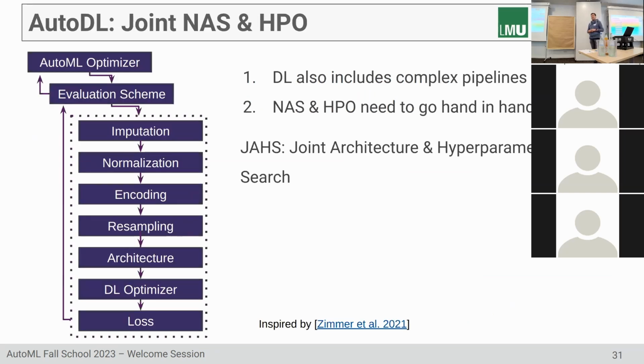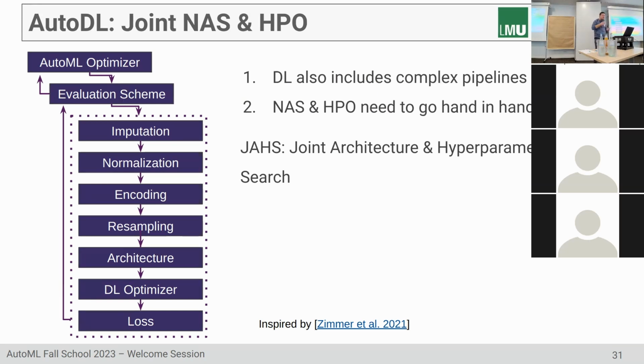And then we can even scale out. So we've so far focused on either doing hyperparameter optimization, adapting width and depth of the cells, or building the architectures as a whole. But we can also do something like deep learning pipelines here. Deep learning pipelines are usually more complex than just having a neural network.